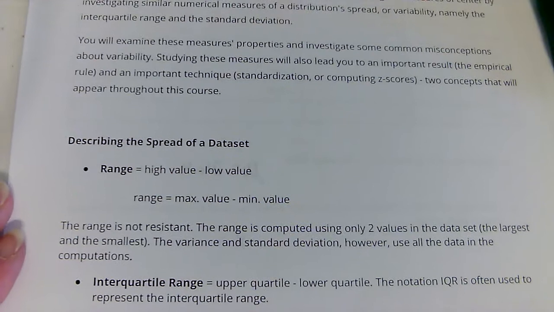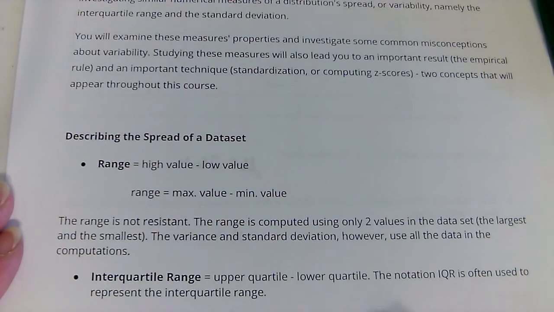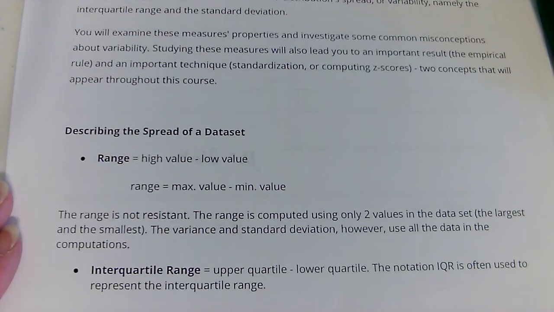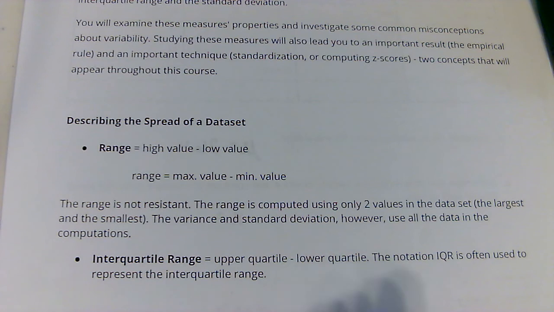So, when you've talked about spread of data in the past, you've looked at just the overall range of the data, which was the largest minus the smallest, the max minus the min. Well, that doesn't tell you too much. That just tells you the biggest minus the smallest, and that's not resistant.